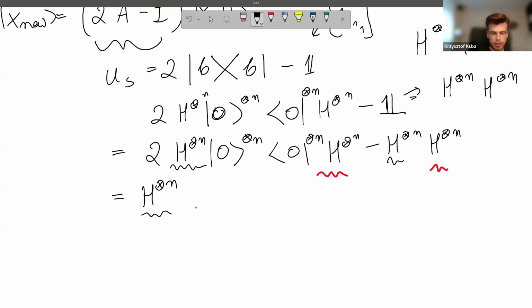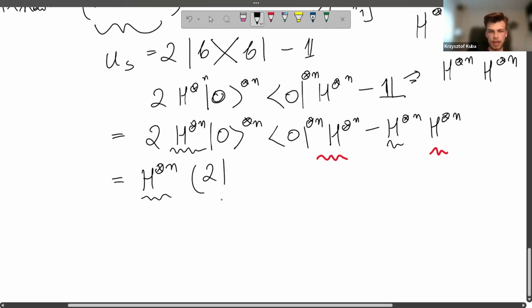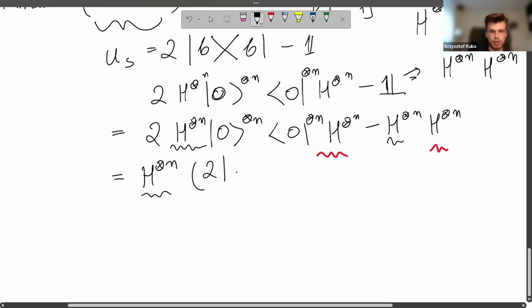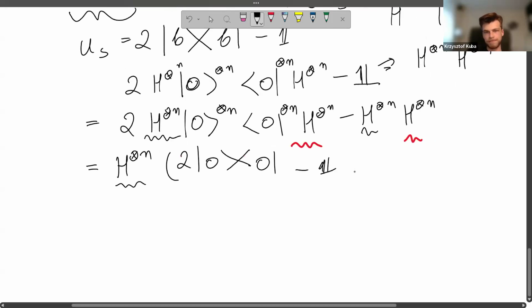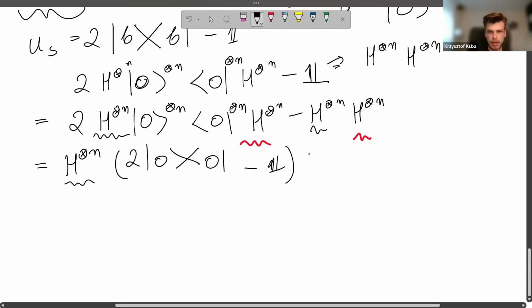So this one is just 2 times |0><0| minus 1, which is just a scalar, or maybe also the identity matrix, and again Hadamard applied to both sides.